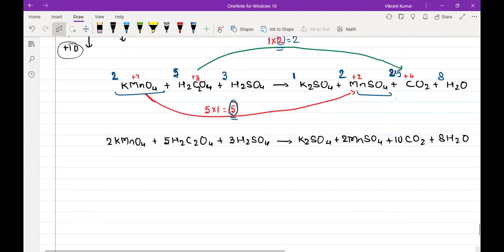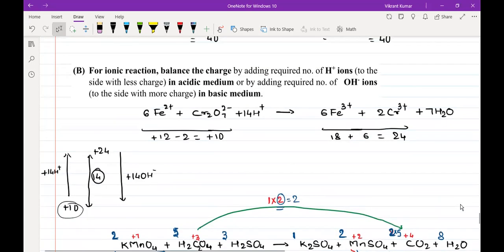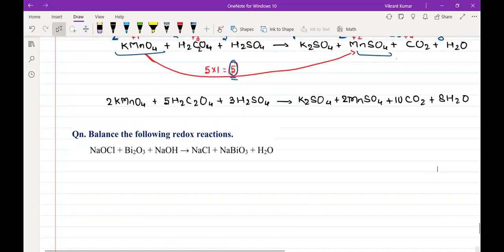Now I'll give you some questions. जरा practice कर लो. You balance this. आप बस स्टेप्स दिखा सकते हो, स्क्रीनशॉट ले. Okay. I'll just write it at one place so that.